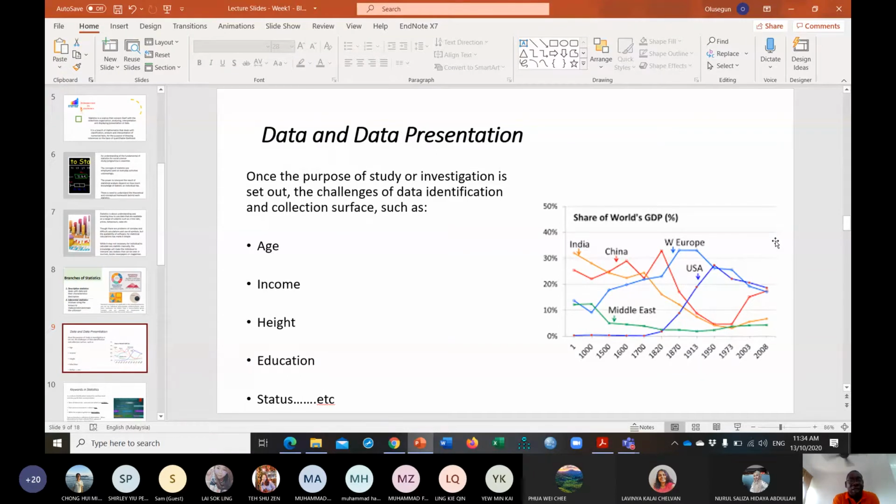Then you can even talk about different variables that can be affecting a particular variable. For example, lifetime can depend on income, can depend on education or some other things, or even race.